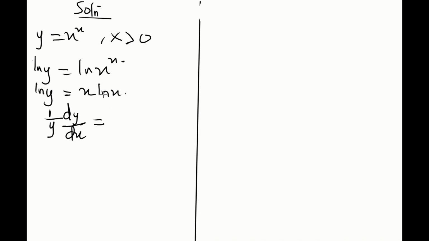Because the term x is multiplying a different term, ln x. So let x be f of x, and ln x be g of x.